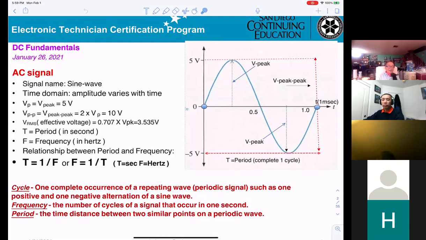When you try to see outlet voltage using a meter, you cannot get this signal. You will get the voltage they call VRMS, effective voltage. You can see right here, VRMS. The formula to calculate VRMS from the V peak is 0.707 times V peak.